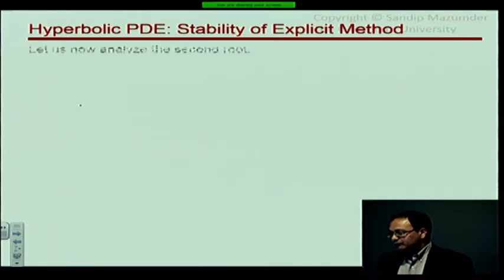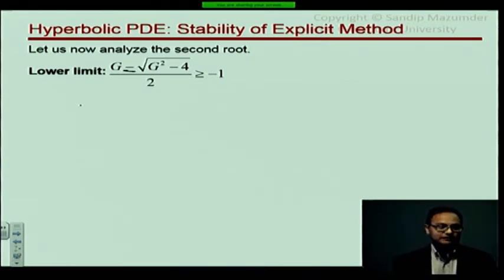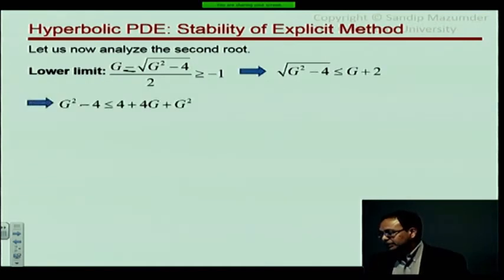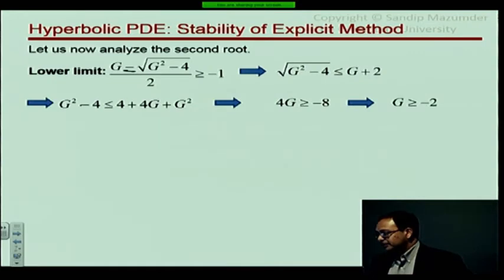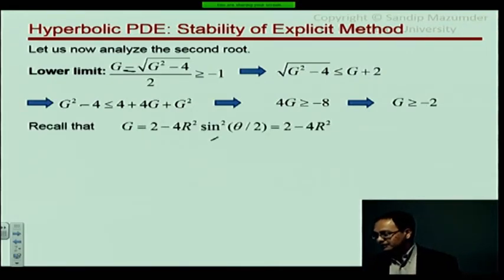So we move on to now the second root. Second root is this guy. So instead of a plus sign here, we have now a minus sign. Okay. So the first root had a plus sign there, now we have a minus sign. Same kind of analysis. We are starting with the lower limit. We do some algebra. We get g is greater than or equal to minus 2. Now again, sine squared theta is equal to 1.